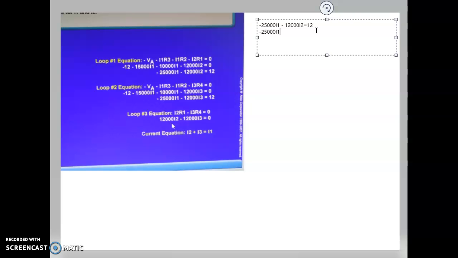Okay, sorry about that. Had a little keyboard trouble. If you take a look, we've got minus 25,000 I1, and we want to solve for I1, so we're going to express it in terms of I2. I'm going to add 12,000 I2 to this side.